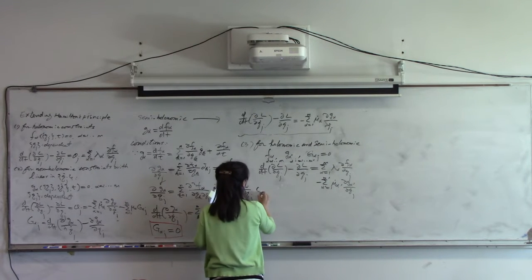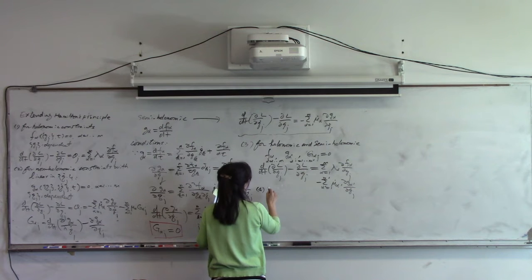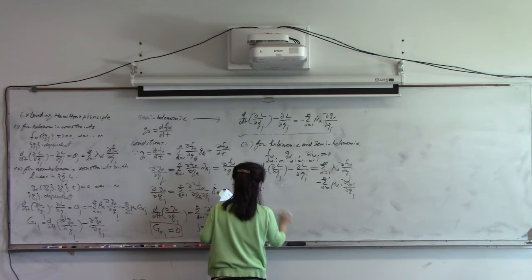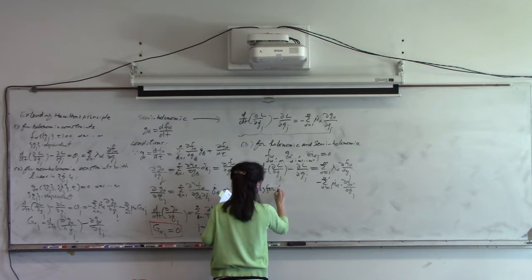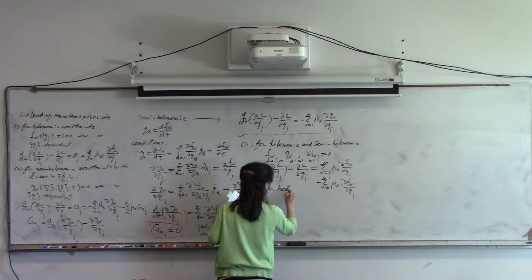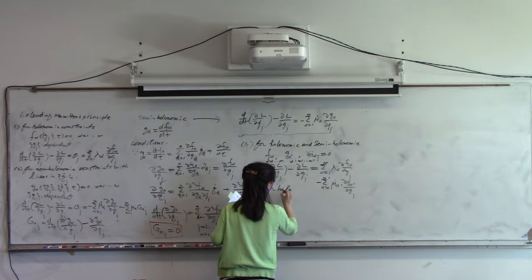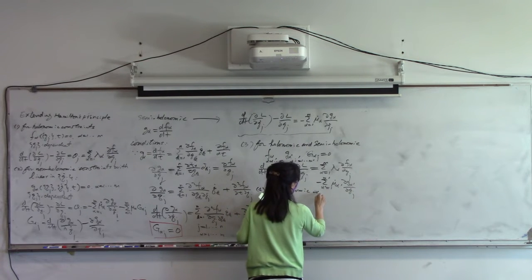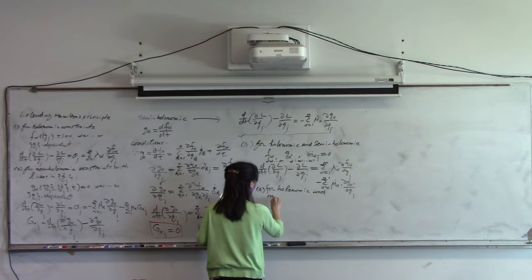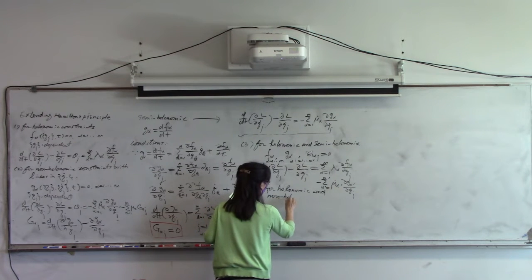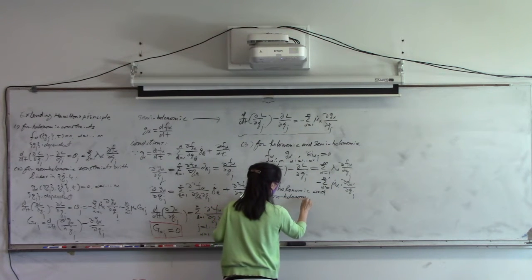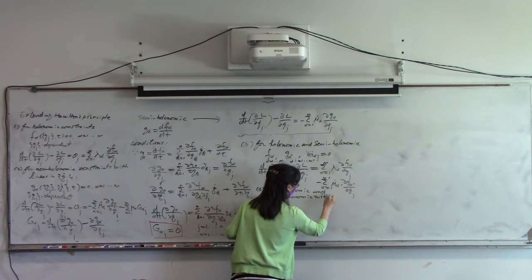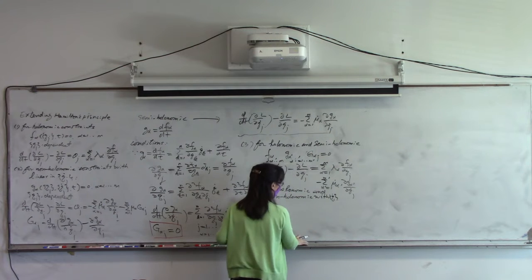Okay. Now number 4. That is for holonomic and non-holonomic constraints, linear in q dot, right?